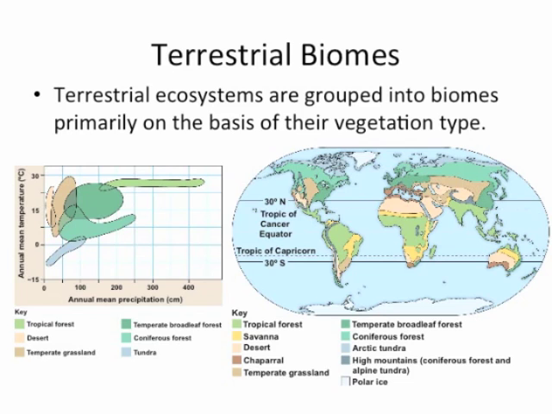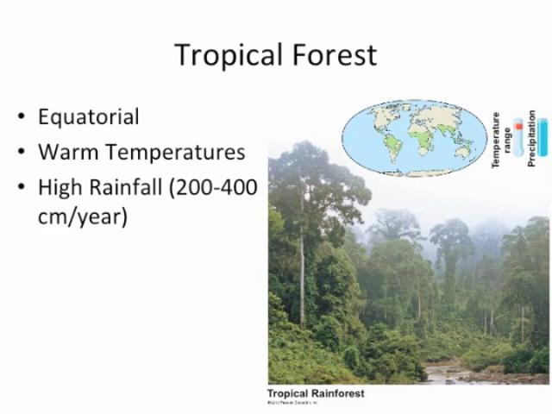All right. So tropical forests tend to be equatorial. So as I said, at the equator, you get a ton of rainfall because of the high amount of solar energy that's hitting there. They tend to also be very warm. So you get warm, equatorial, and you also get a ton of rainfall. So 200 to 400 centimeters per year is a lot of rainfall. And that's what these tropical forests have.